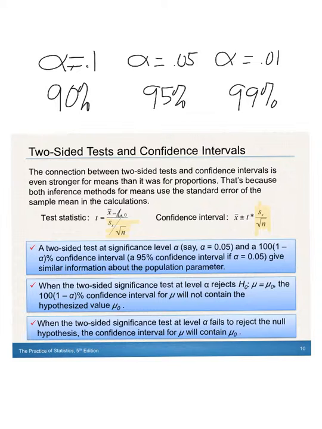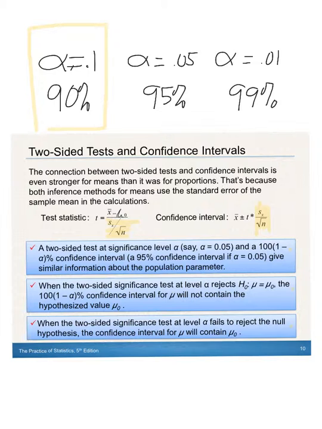These blue things, I'm going to state them as they relate to a 95% confidence interval and 0.05 alpha, but you could just as easily talk about the 0.1 relating to a 90% confidence interval, an alpha of 0.05 relating to a 95, and a 0.01 relating to a 99. I'm going to say these blue things with a 5 and 95, but you could interchange them. I just don't like the way this is written. It's confusing to me, so I'm just going to put in what makes sense to me.